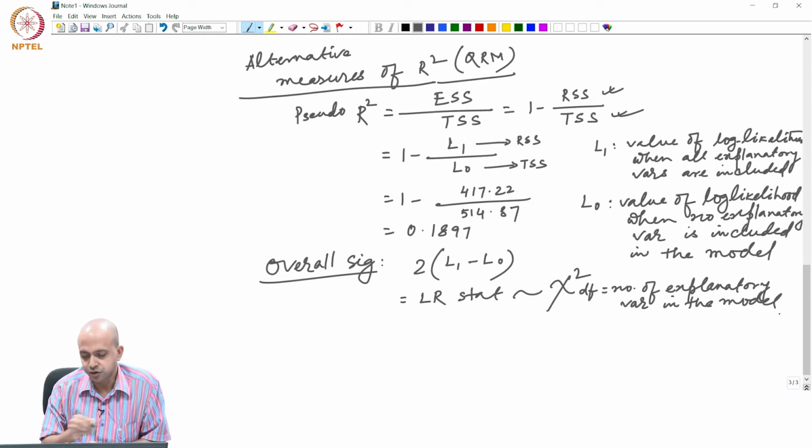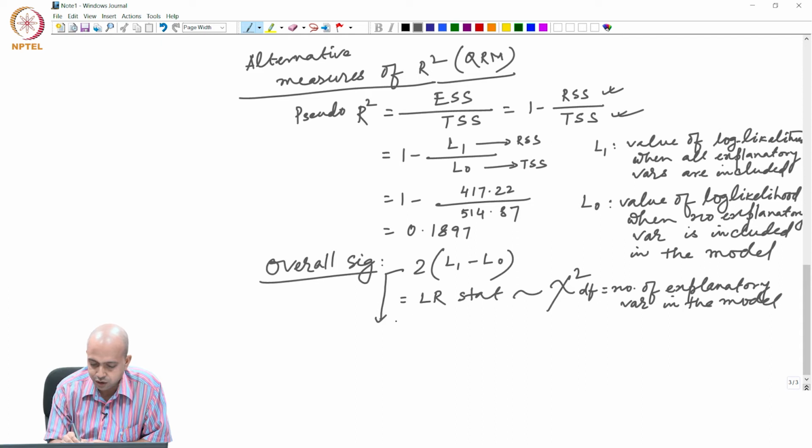Okay. So, this is also known as LR chi-square, the log likelihood ratio statistic. From here, what we can calculate is 2 into L1, where L1 is minus 417.22, minus L0, and L0 is minus 414.